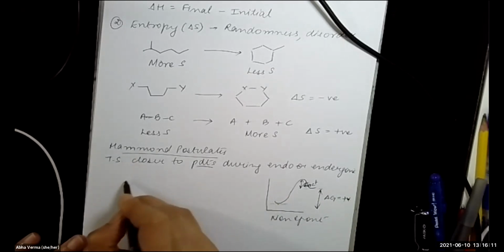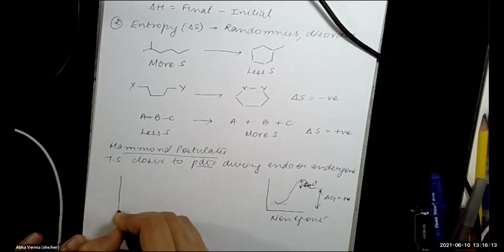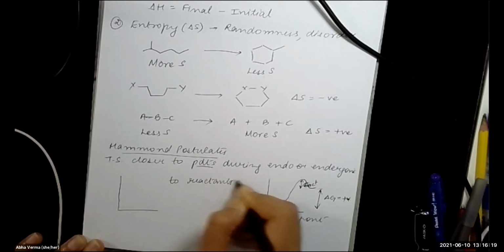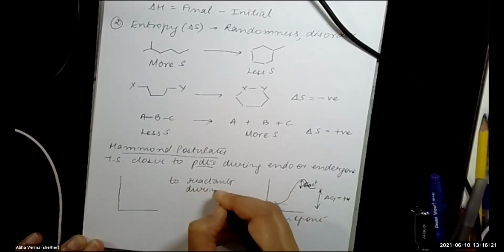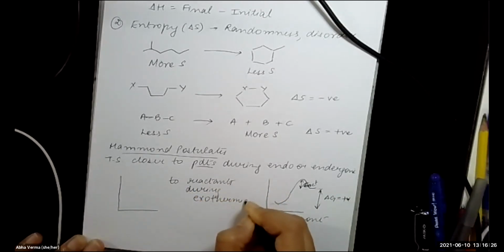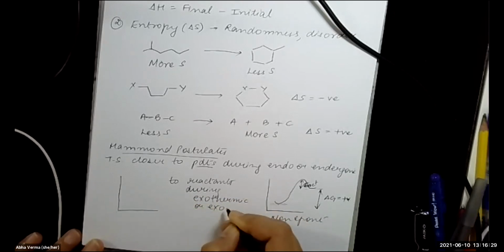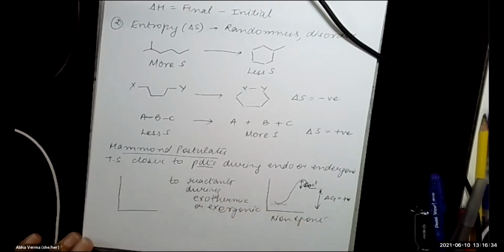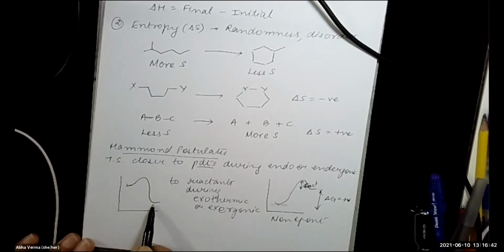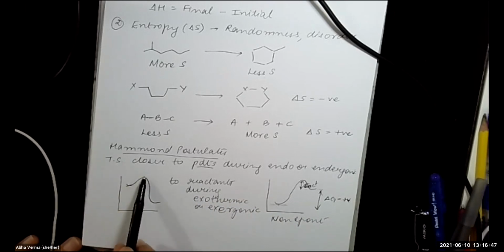On the other hand, your transition state will be closer to reactants during exothermic or exergonic kinds of reactions. Of course, the reactants are at a higher energy, products are at a lower energy. So the transition state resembles the reactants more.